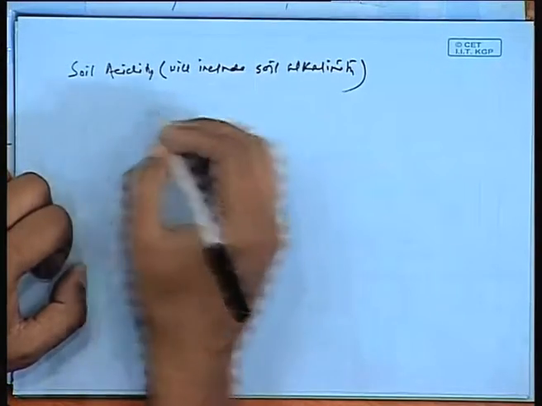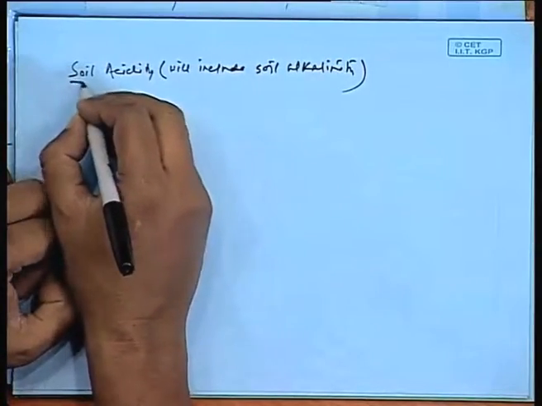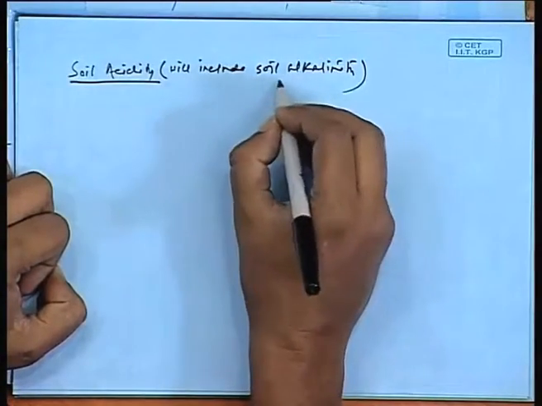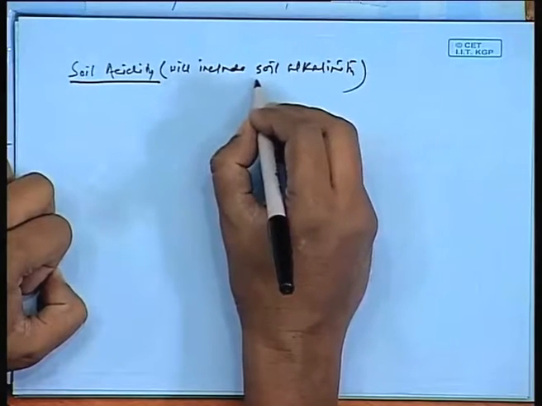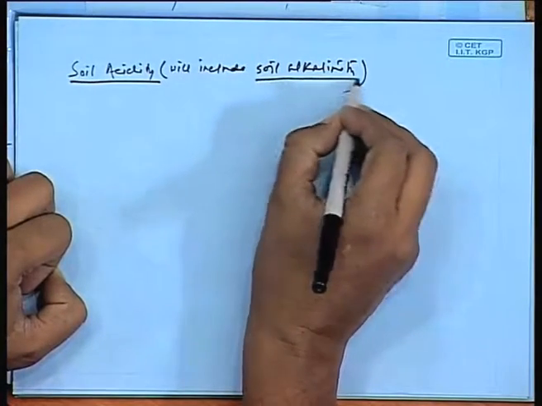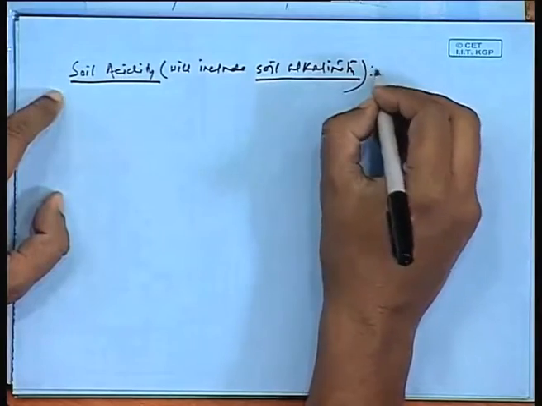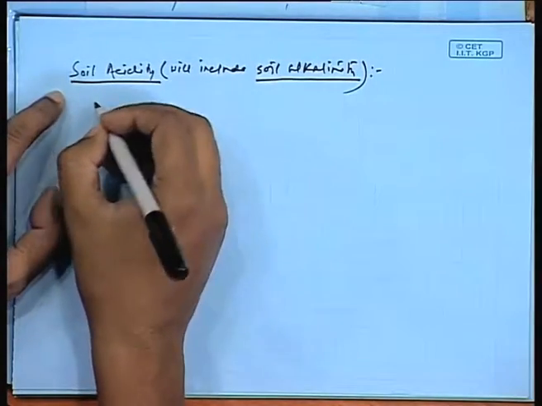When we are discussing soil acidity, the important part is that it also includes soil alkalinity. Just to mention, soil acidity also includes soil alkalinity.